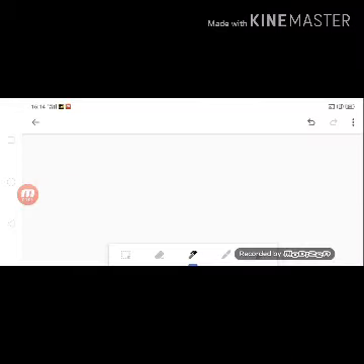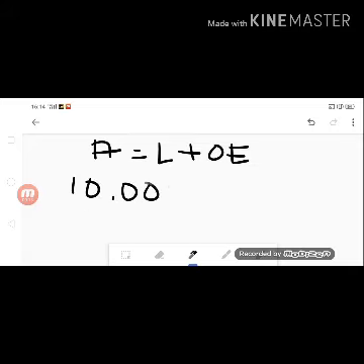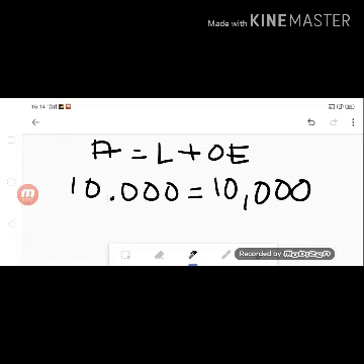Now I would like to show you the equation in writing. Looking back at the equation, we have assets equals liability plus owner's equity. Now let's assume the equation originally balances at 10,000 equals 10,000, just to make it easier for us to keep track of the changes. Let's go for our first scenario.